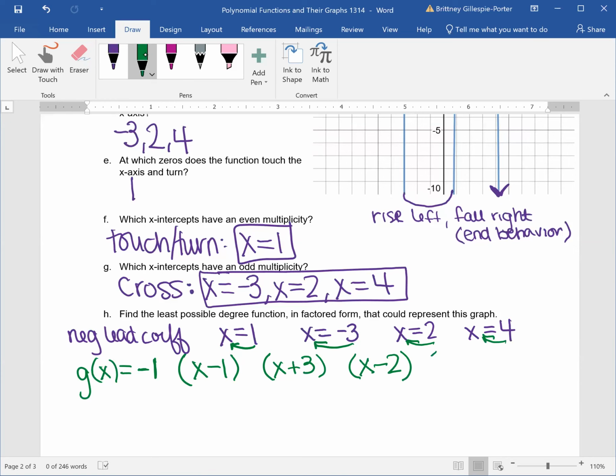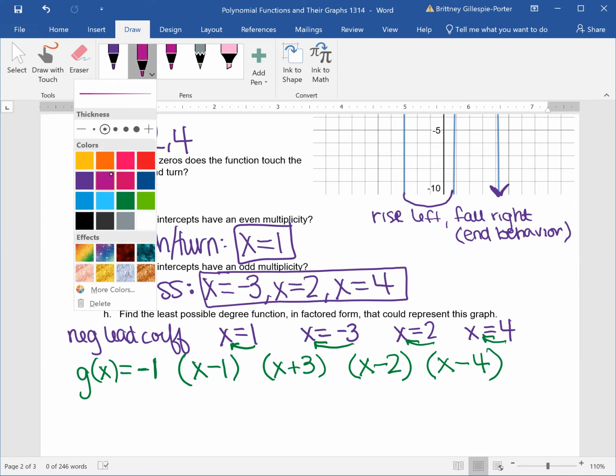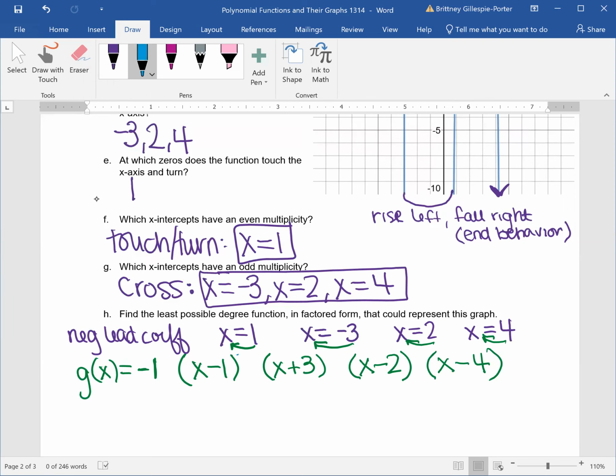And move the 4 over to get x minus 4. X equal to 1 was our only even multiplicity. And remember, even multiplicity, we're going to take the smallest even number we know. So we're going to say it is a 2.